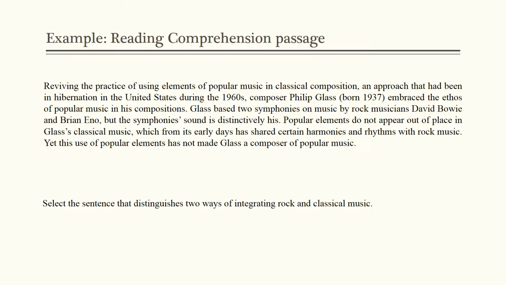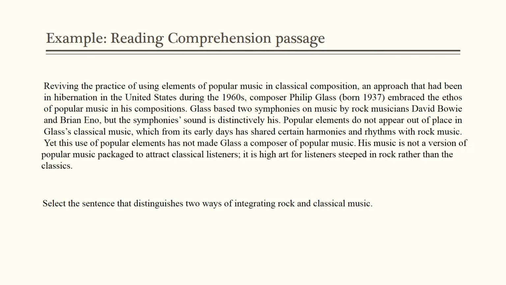So to select a sentence that distinguishes two ways of integrating rock and classical music, we look at each sentence of this paragraph carefully. Almost every sentence in this passage refers to incorporating rock music in classical compositions, but only the last sentence distinguishes two ways of doing so.